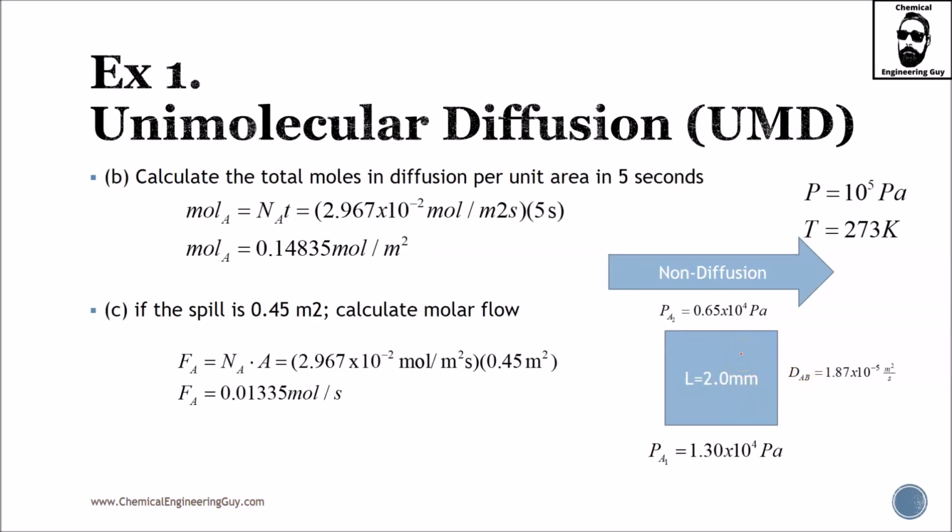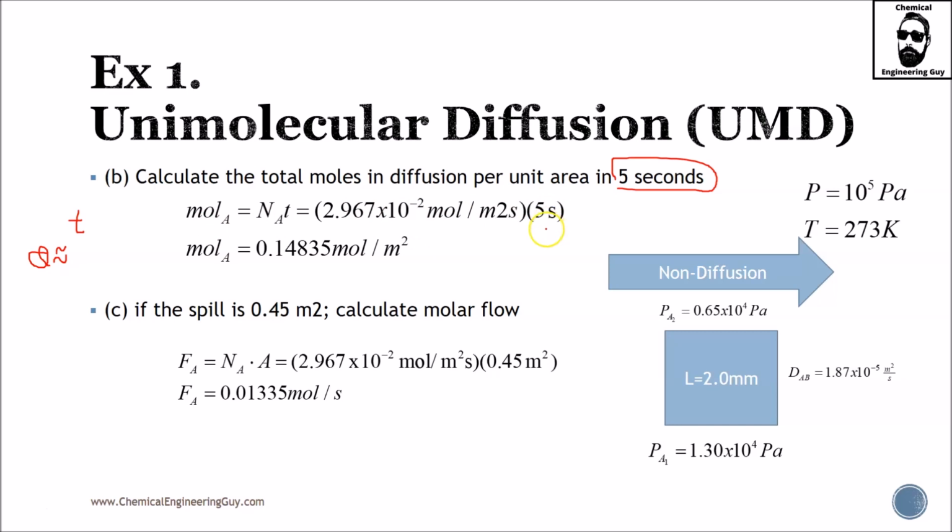And now let's continue with B. Calculate the total moles in diffusion per unit area in 5 seconds. Now the interesting part I wanted to show you, I was telling you that time should not be of concern to you. Especially since this is steady state, technically I'm going to assume quasi-steady state, because I know with time, if this material is diffusing, it will eventually run out.